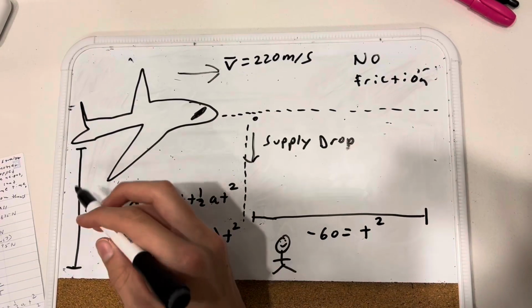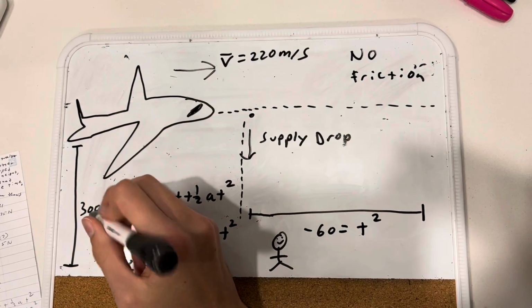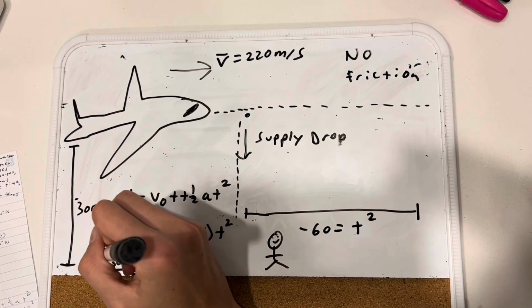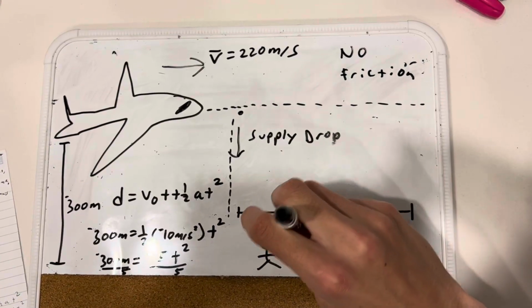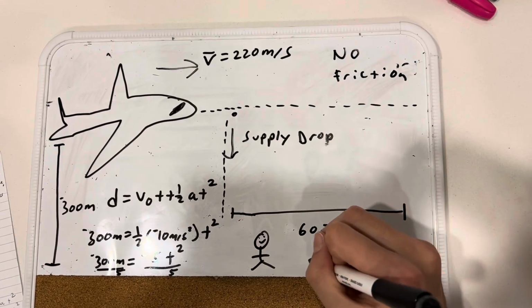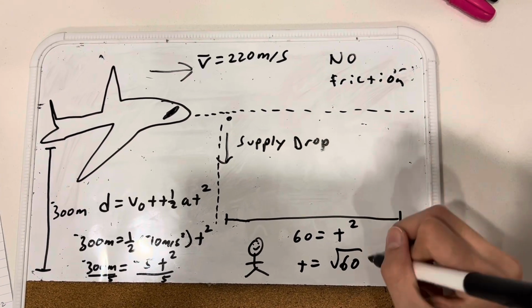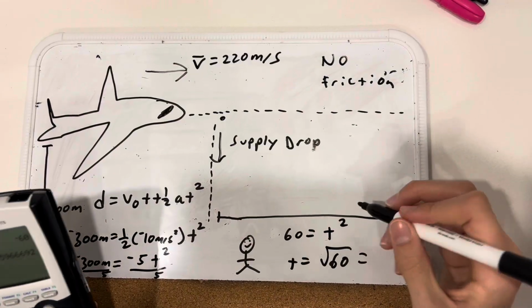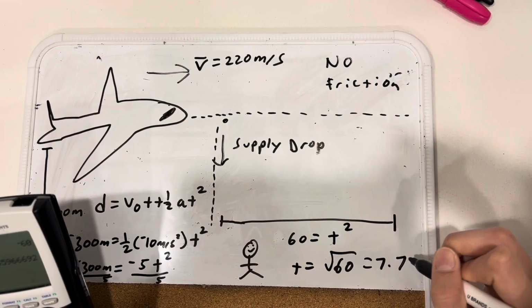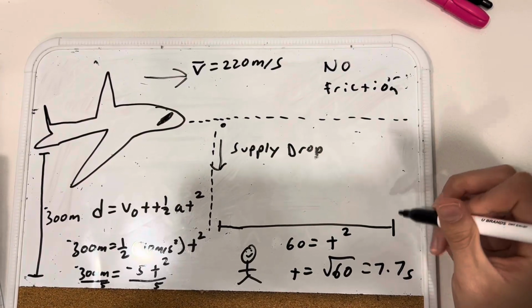Actually, since this distance is going down, it's going to be negative, so if you're dividing by a negative, this would be a positive 60. So t equals radical 60, and that equals 7.7. And so that's the seconds that it takes to reach the ground.